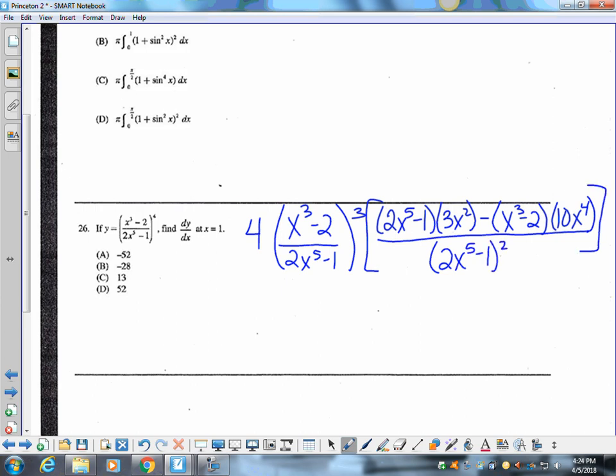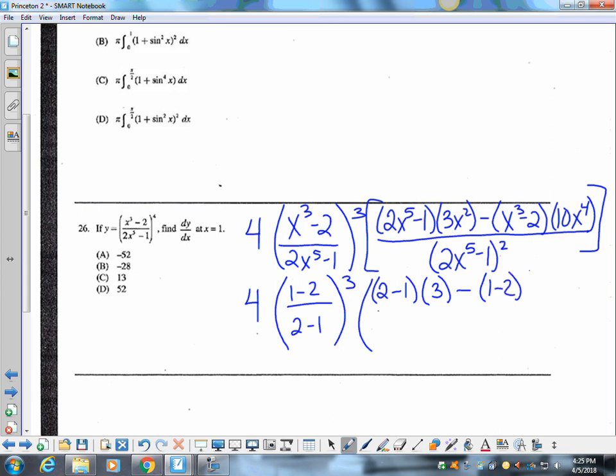And now I'm going to stop. I'm not going to clean this up. I'm going to plug in a 1. So let's see. 1 minus 2 over 2 minus 1 to the third. Plugging in a 1. 2 minus 1, 3. 1 minus 2, 2 minus 1 squared.